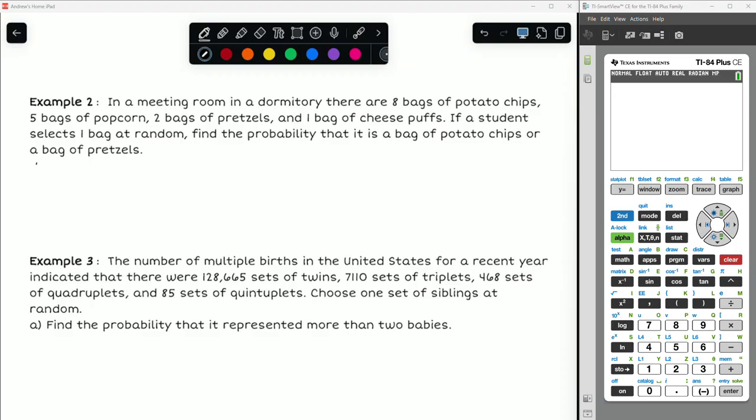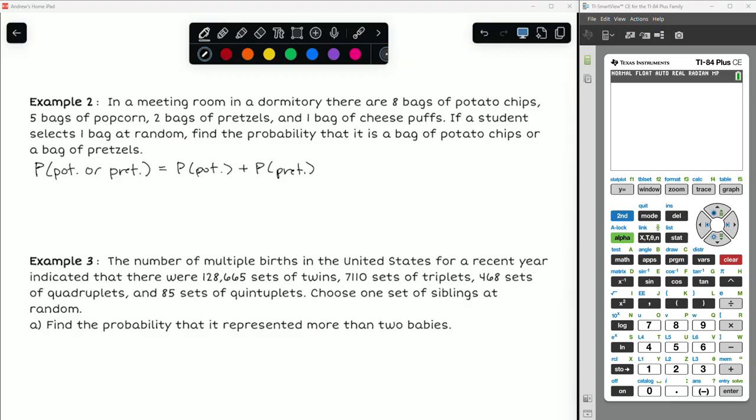So I'm going to write my probability statement. I want potato or pretzel. I know or means add, so I'm going to have to do P(potato) plus P(pretzel), and then for that last chunk I'm going to ask, is there any overlap?